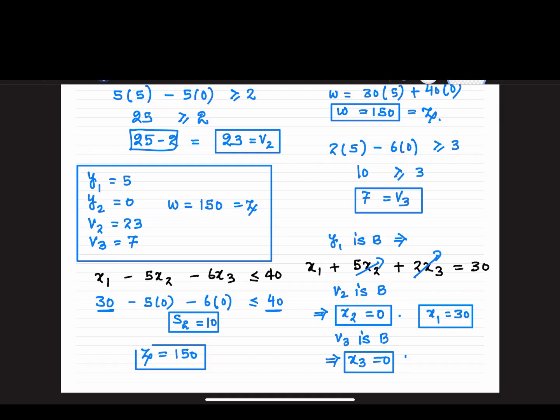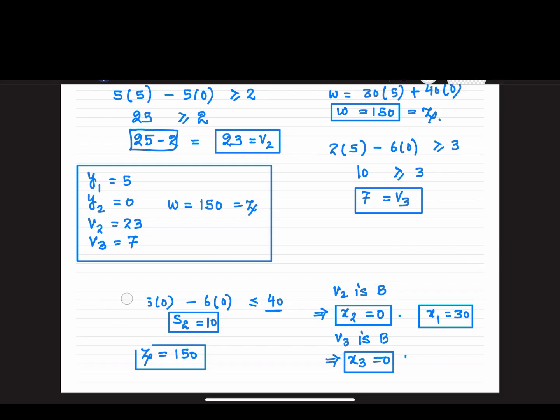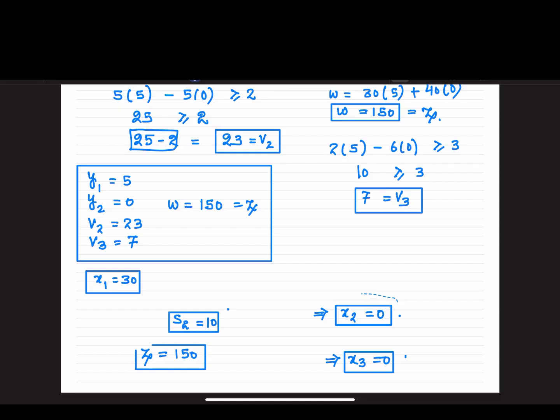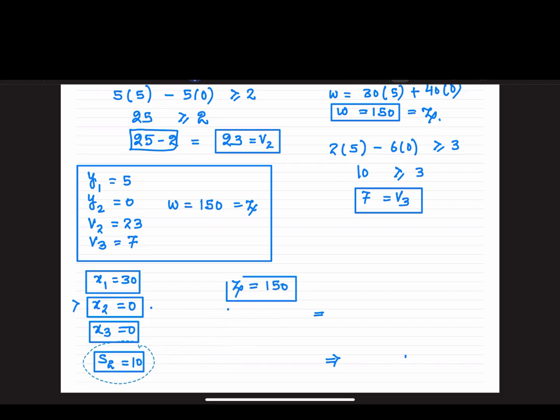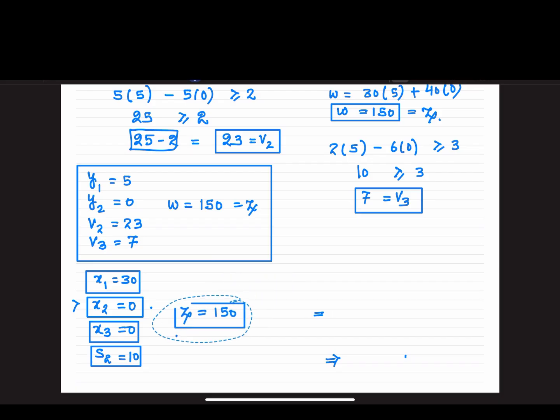So we'll just write everything. यहाँ पे लिख देते हैं values. x1 is 30, x2 is 0, x3 is 0, z is 150, s2 is 10.